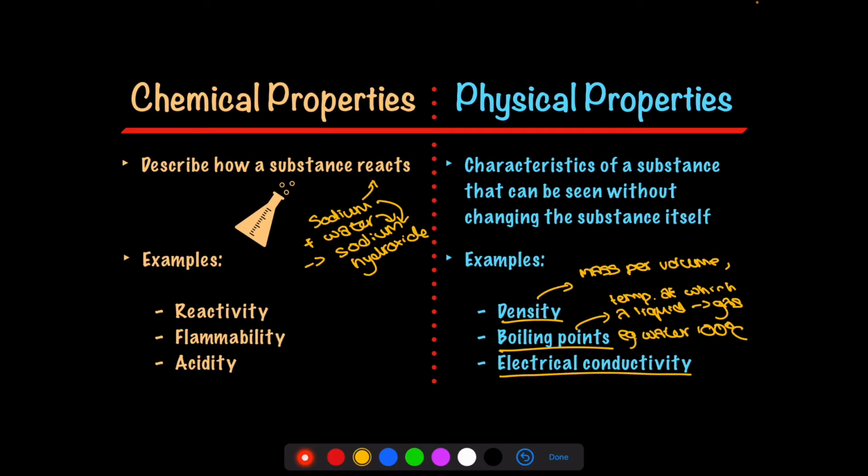That is another key physical property. I think that's self-explanatory, honestly. How well a substance conducts electricity. For example, many metals conduct very well. That's why we use them a lot. But many non-metals in general don't conduct electricity very well. So that's properties for you.